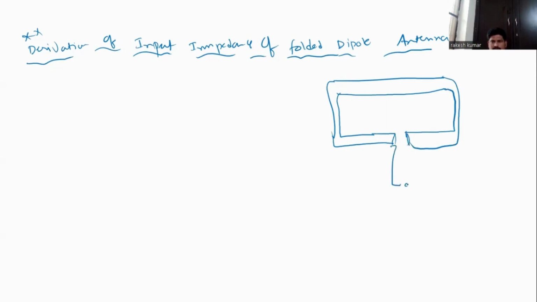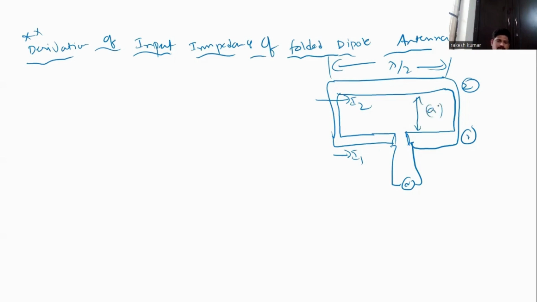This is dipole 1 and this is dipole 2, and the distance is lambda by 2. Let us consider the current flowing through dipole 1 is I1 and the current flowing through dipole 2 is I2.